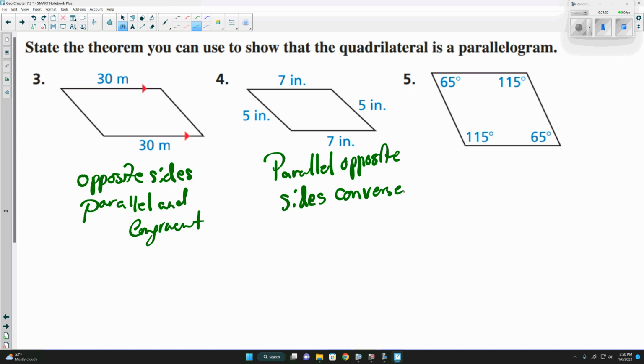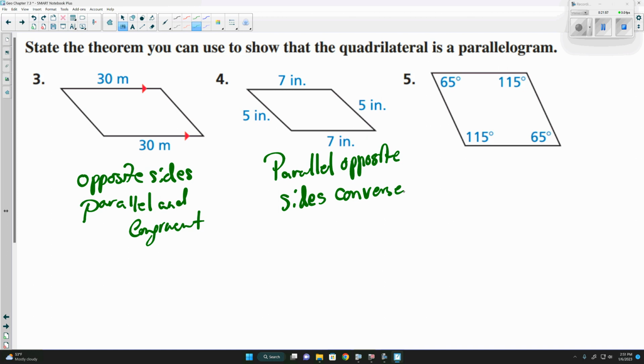Converse actually means the naming of it. If you remember back to chapter 3, we had the conditional statement. The converse was the flip. So the parallelogram opposite side theorem stated if a quadrilateral is a parallelogram, then the opposite sides are congruent.